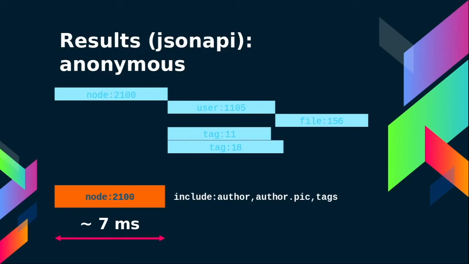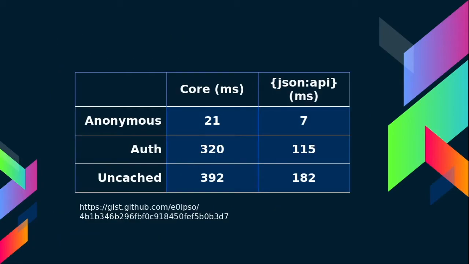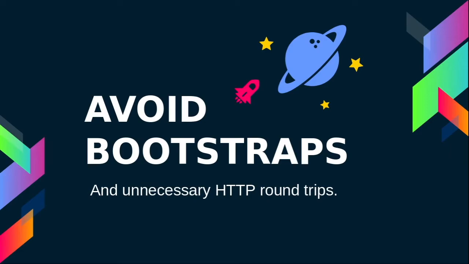Because then you do the same with JSON API, and you realize, oh, this takes 7 milliseconds. Why is that? Because of the 3 trips to Drupal. And I made these comparisons available. When you get the slides, you'll see the whole data of the performance comparison in the different scenarios.